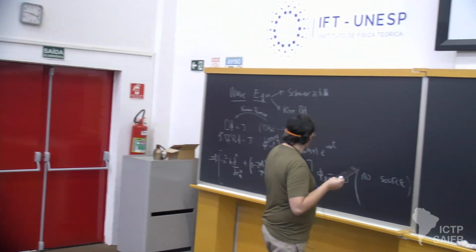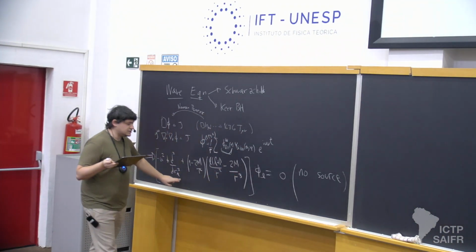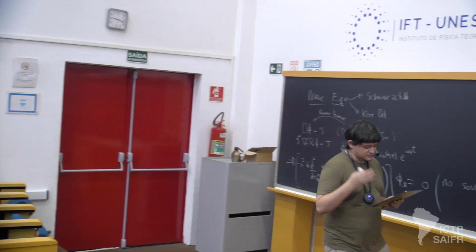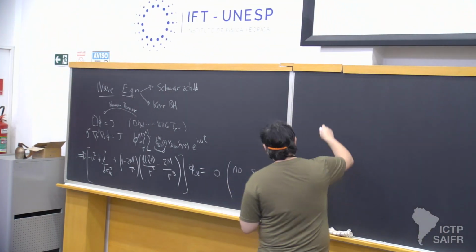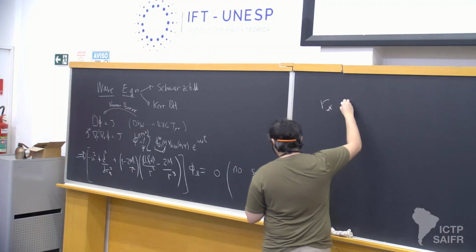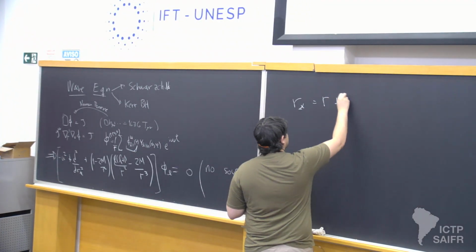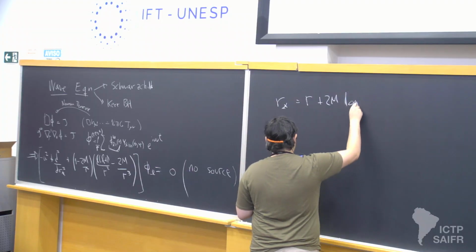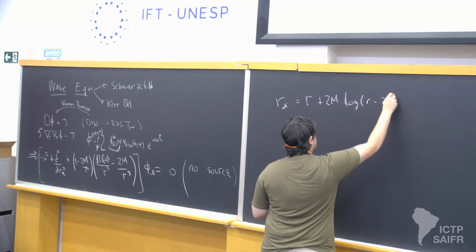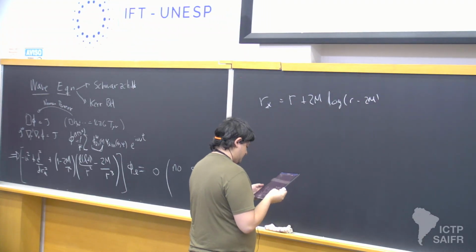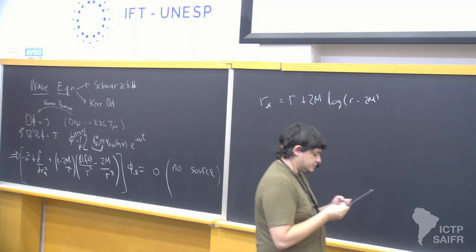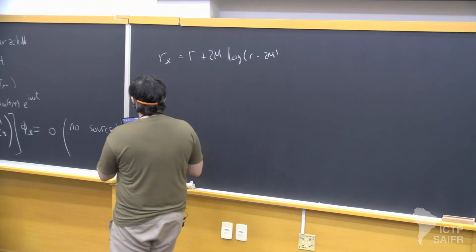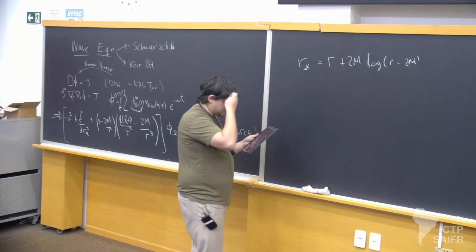So I told you guys there is an r star here, and I think that's the interesting part of the equation: log(r minus 2M). So in this r star variable, we were discussing boundary conditions, right?